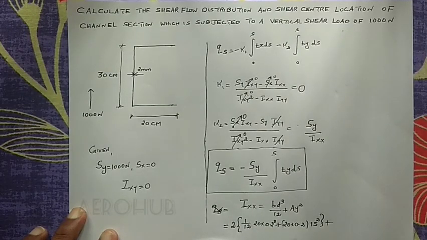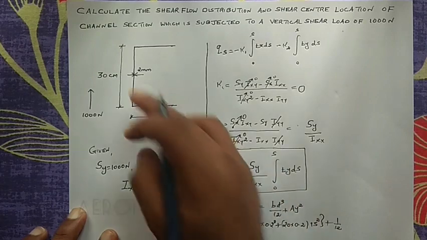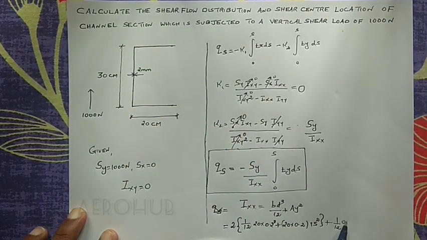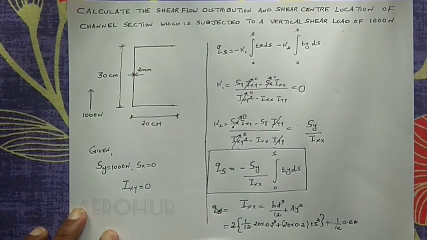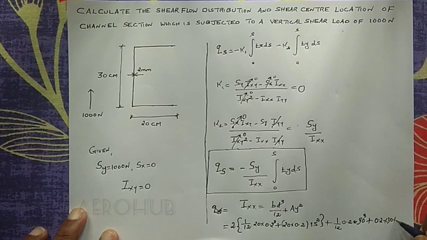Plus for the web, the value of 1 by 12, the value of b is 0.2 centimeter into the d is 30 cube. Plus the area is 0.2 into 30 y square value. Since we are keeping the web in the y axis, the value of y is 0.